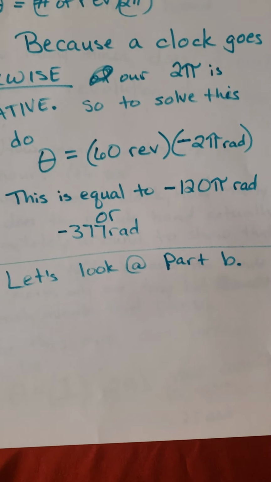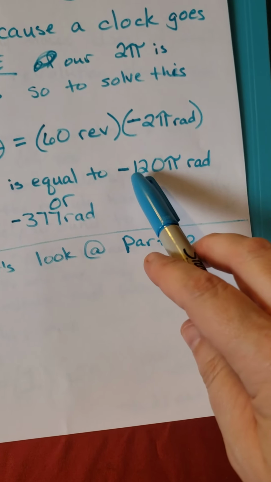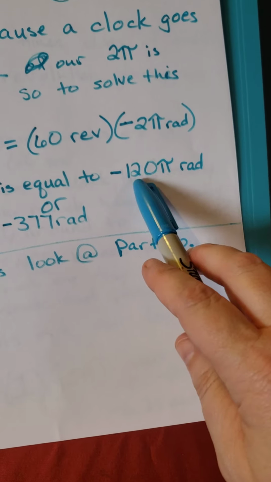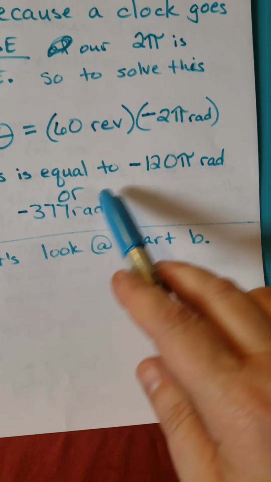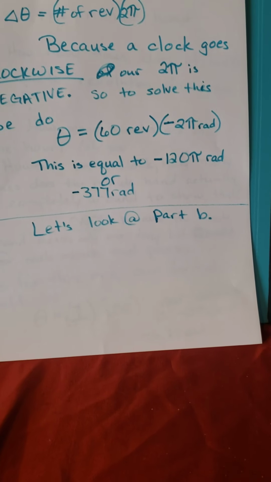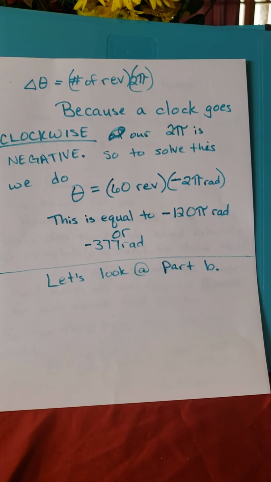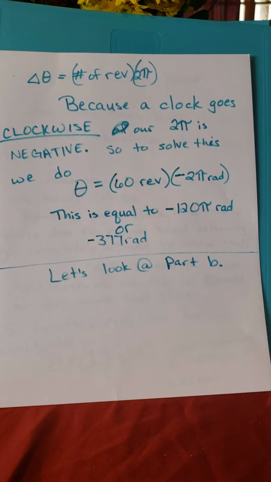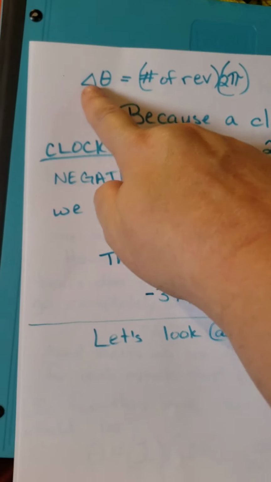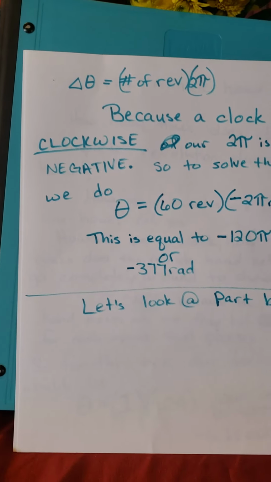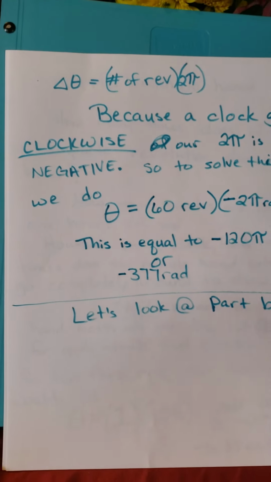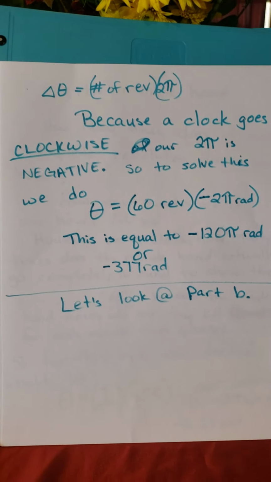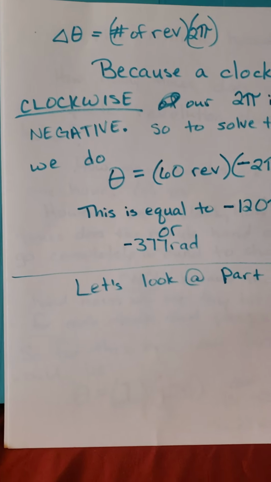If you calculate 120 times pi, you'll get negative 377 radians. Does that make sense? Just keep referring to this formula, and remember that this is going to be negative because we're going clockwise.